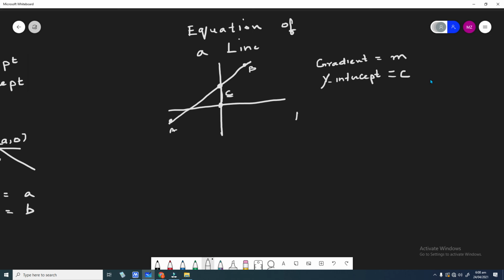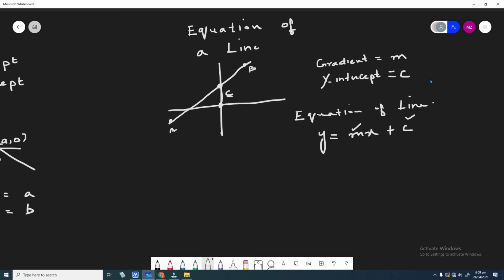Then the equation of this line will be y is equal to mx plus c. So this is the equation of a line. There are of course many formats of the equation of the line, but this is one of the forms. Here you have got m and c. m is the gradient of the line and c is the y-intercept.